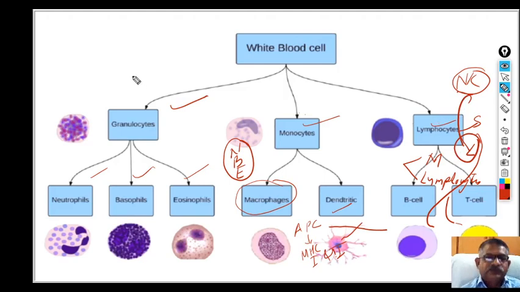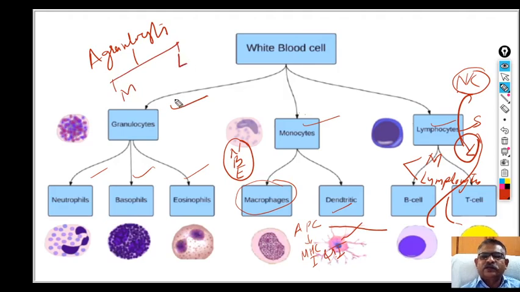Are you getting me or not? See, these agranulocytes are differentiated into two, monocyte and lymphocyte, right? Monocyte, as I stated, will be converted into macrophages, dendritic cells, and so forth.